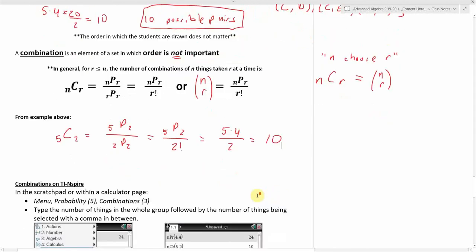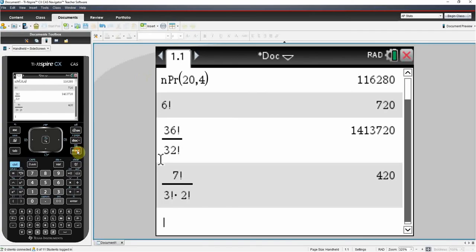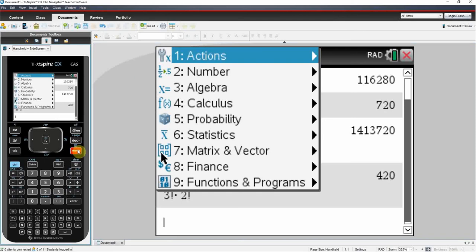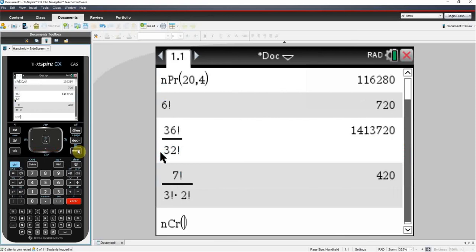Here we can look at how to do them in the calculator real quick. Here are the directions for the Inspire calculator. We go to the menu, go to probability, choice 5, and then it's right there, combinations. We list it as a pair, basically as an ordered pair. We have 5 objects. We're choosing 2 of them.